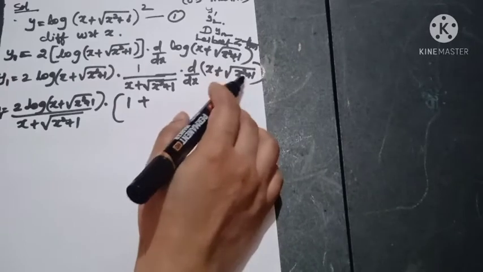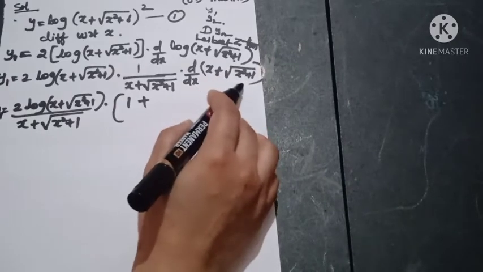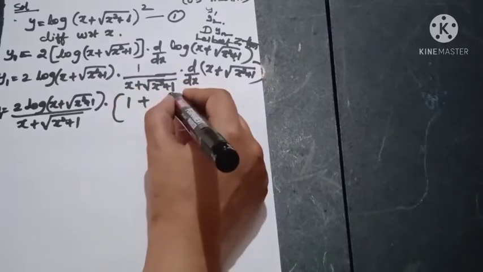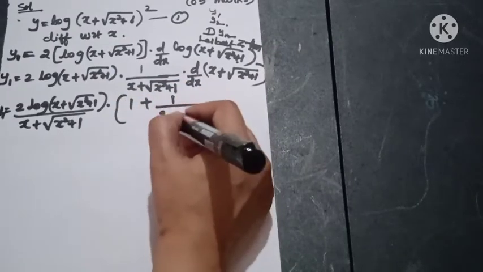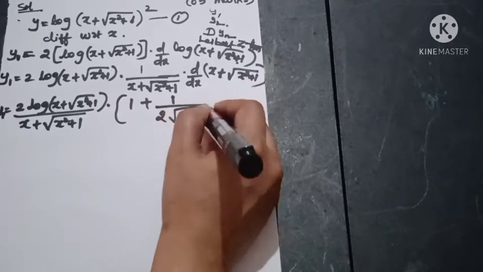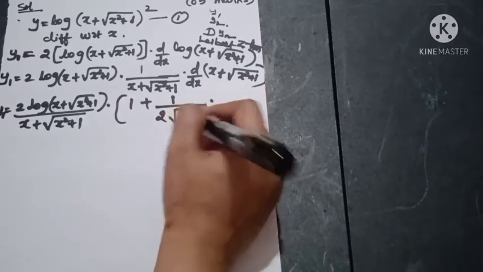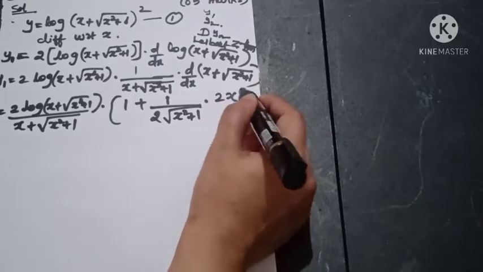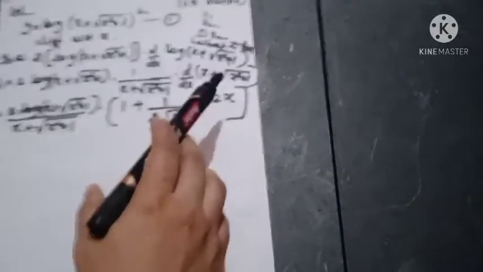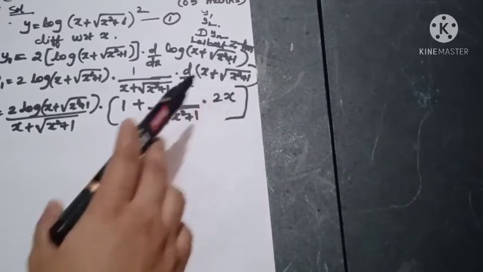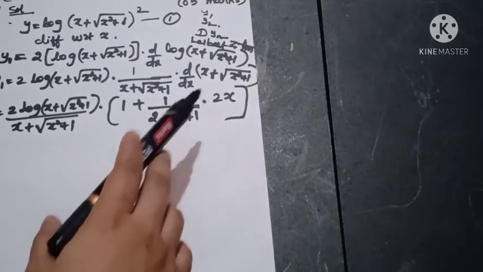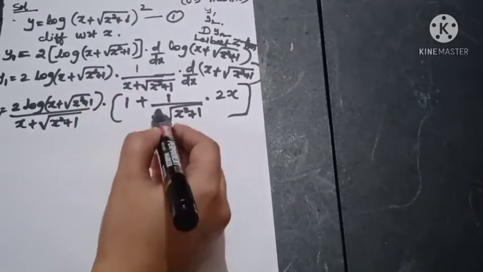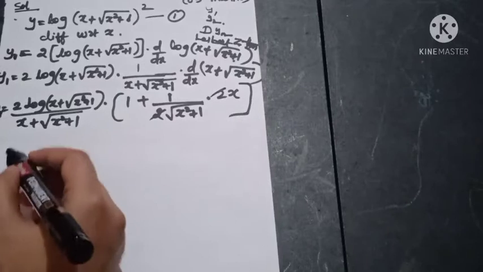Differentiation of square root is 1 over 2 root, times whatever is given. So the differentiation of this is 1 over 2 times root of x square plus 1 into, again, the differentiation of x square plus 1 is 2x. Here 2 and 2 get cancelled.